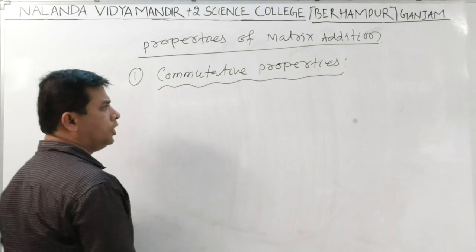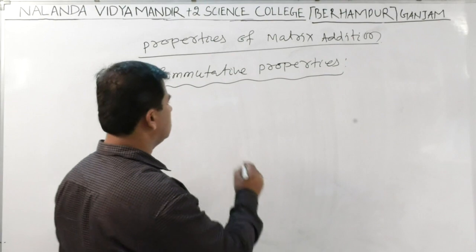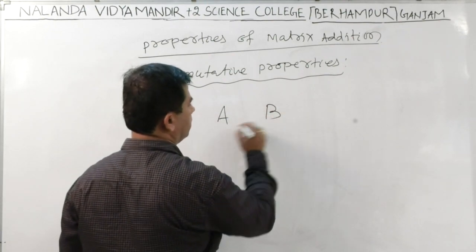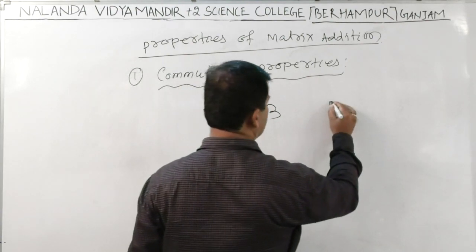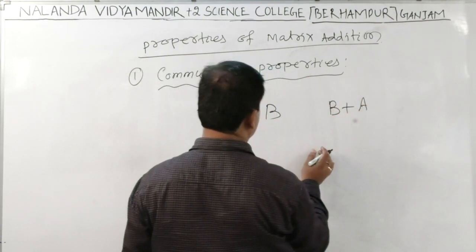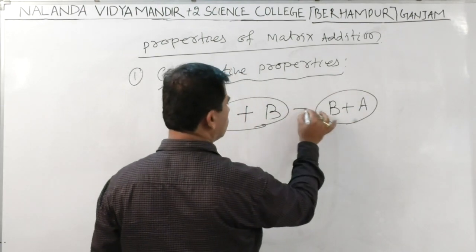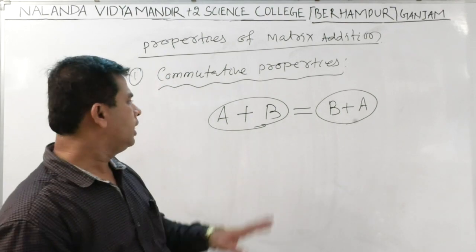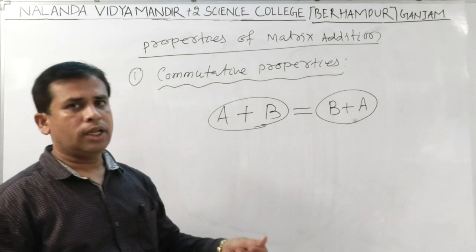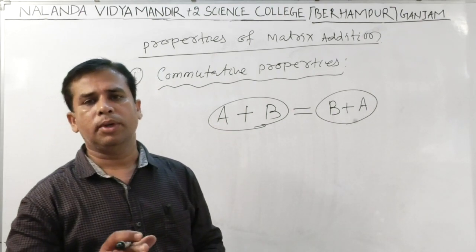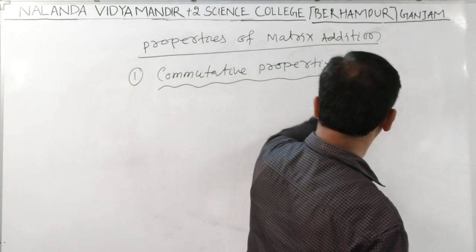Commutative property of matrix addition means we can add two matrices A and B, and also add B plus A. If A plus B is equal to B plus A, then we say matrix addition obeys the commutative property. Matrix addition obeys the commutative property.